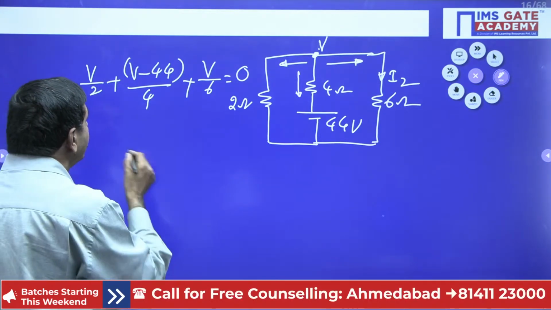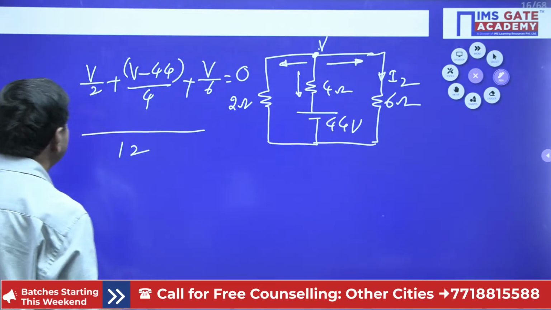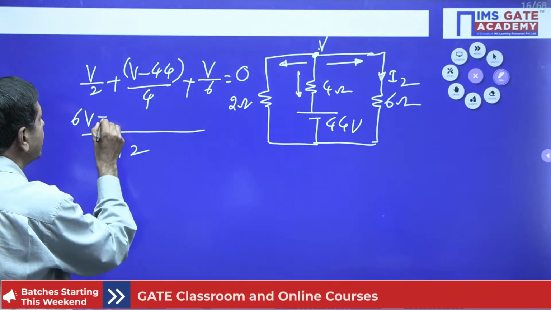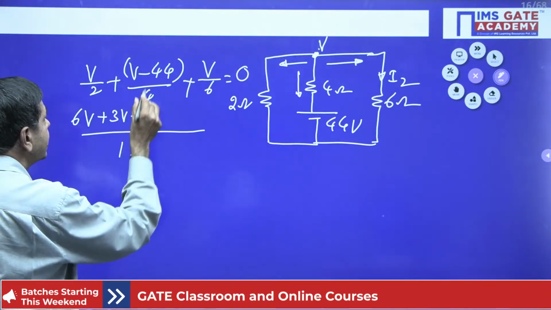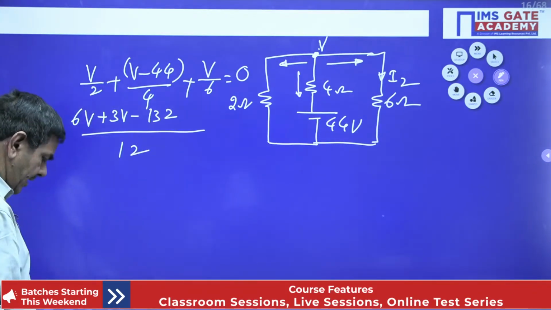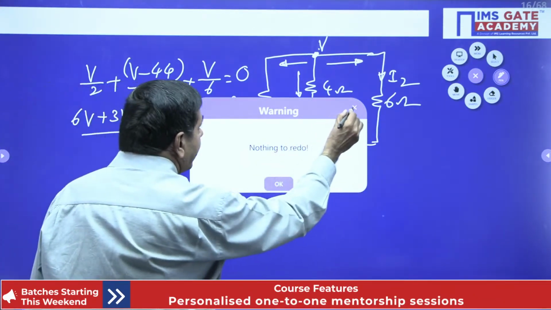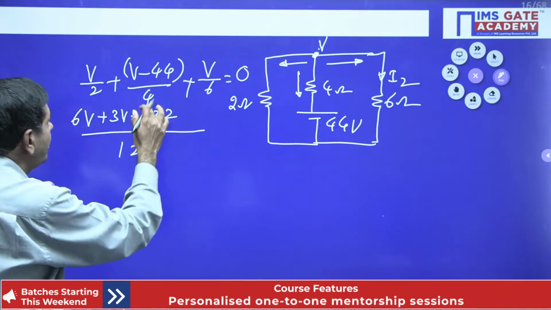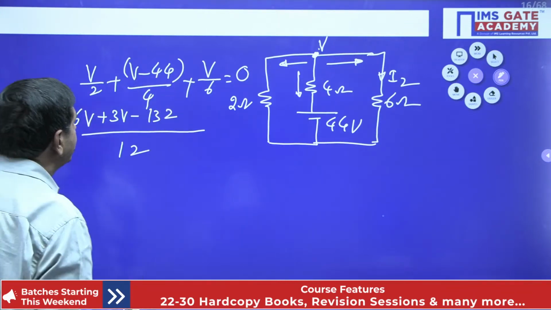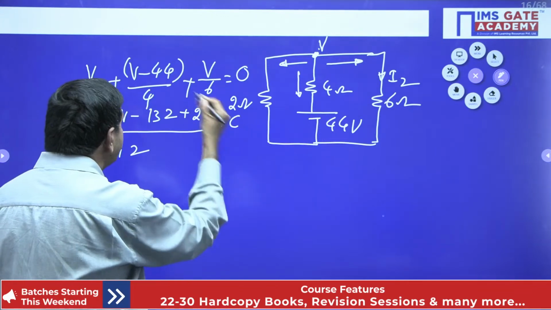Then take the LCM, 12. 6 2s are 12, so 2V; 4 3s are 12, so 3V minus 3 times 44, which is 132; and 6 times V by 6 gives 2V. All that equals 0.